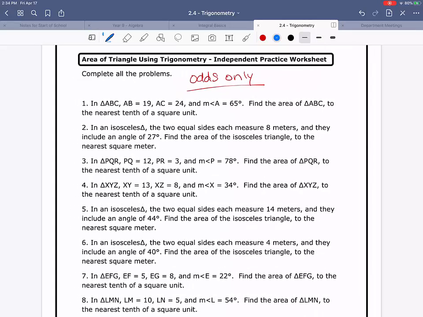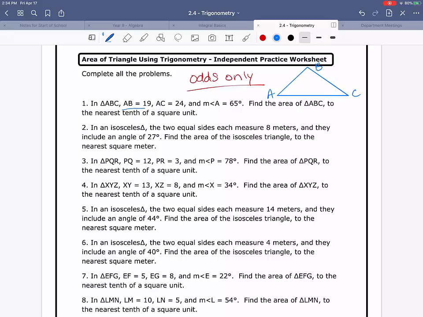So we haven't done this specific format before, so let me talk about number 1. It says in triangle ABC, that's what that symbol there means, is triangle. AB equals 19, AC equals 24, and measure of angle A equals 65. So when you draw this, let me draw this one real quick. It says triangle ABC, so put the ABC wherever you want, ABC like this.